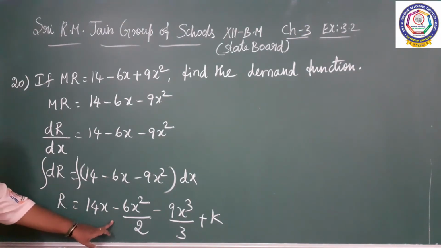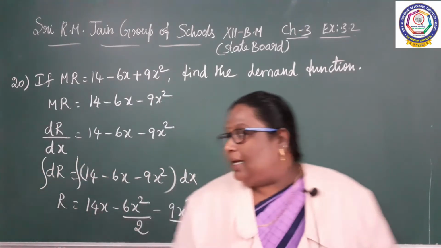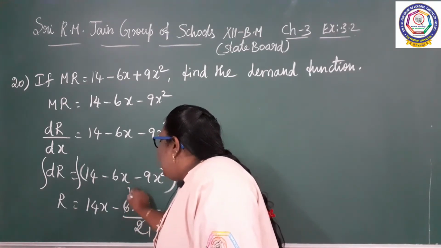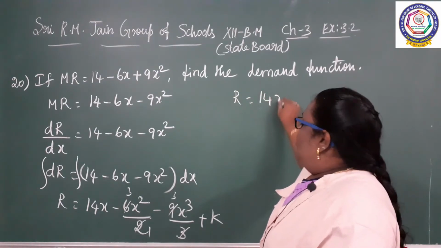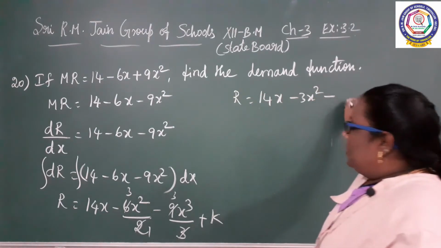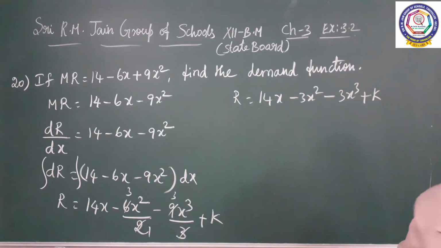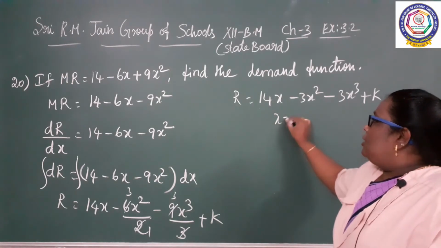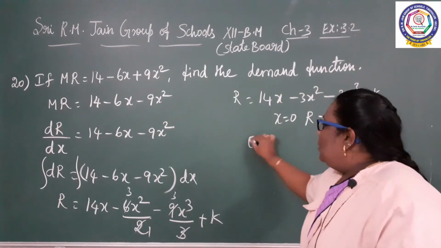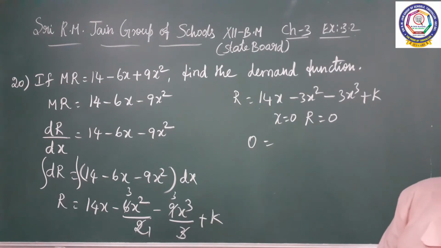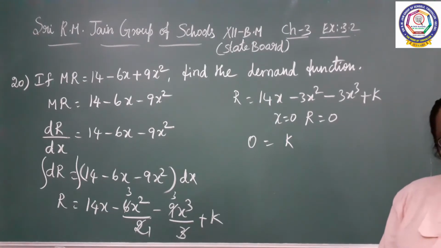So R equal to 14x minus 3x square minus 3x cube plus k. When there is no product sold, x equal to 0, revenue R equal to 0. 0 equals all the terms having x term, so 0 into any number is 0. So k value is also 0.